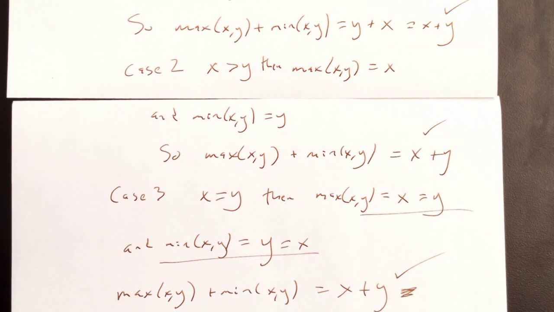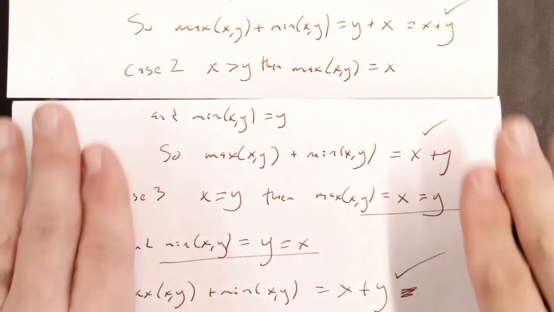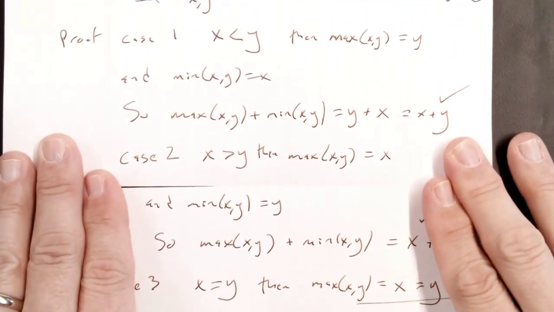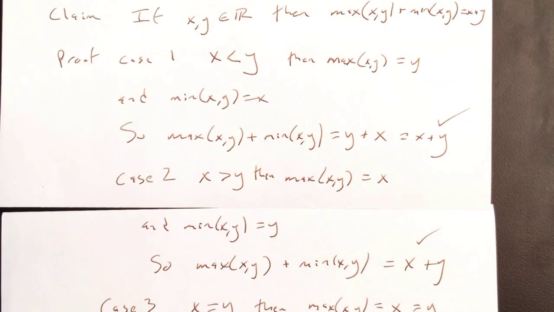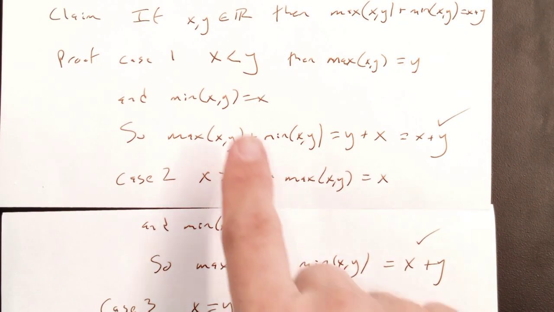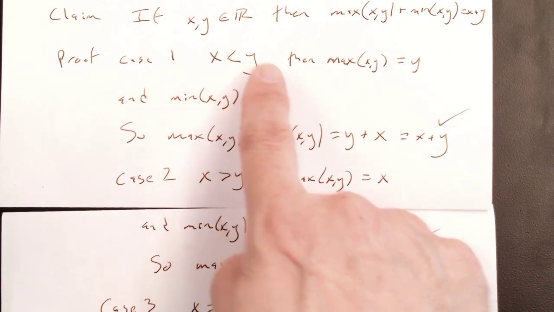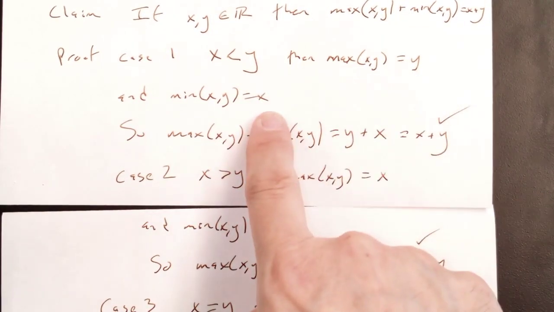I want to tweak this proof just a little. If you look at case 1 and case 2, what's different about those two cases? Greater than symbol. And really, all it means is that since here x was smaller than y, I put the y here and the x here.